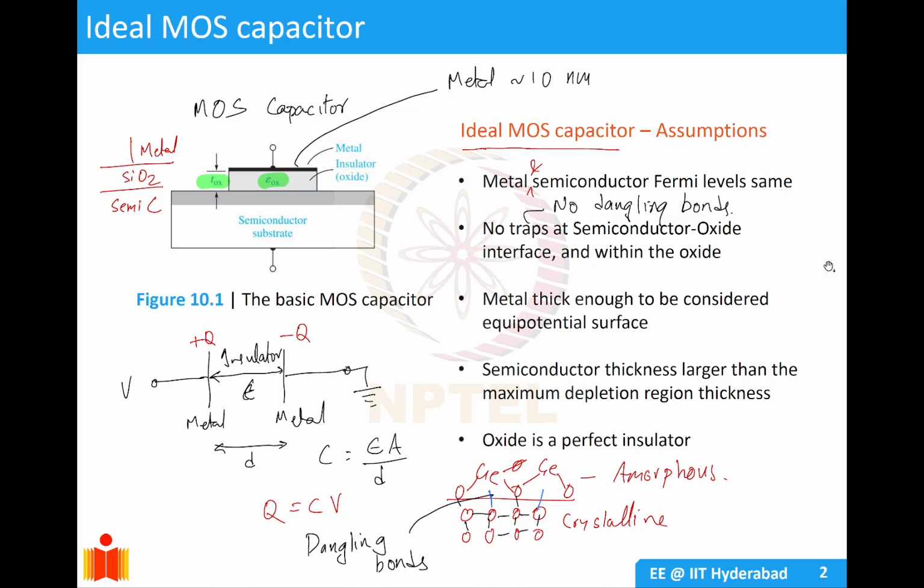So we are assuming that the oxide or the insulator is a perfect dielectric, with no trap states which will trap electrons or holes. The interface between the insulator and semiconductor is also perfect, so there is no trapping of electrons and holes at the oxide layer or the interface.